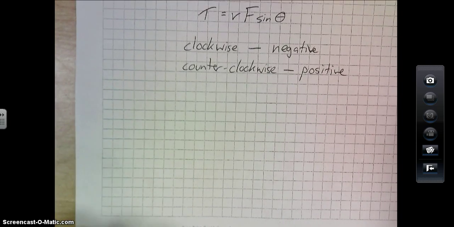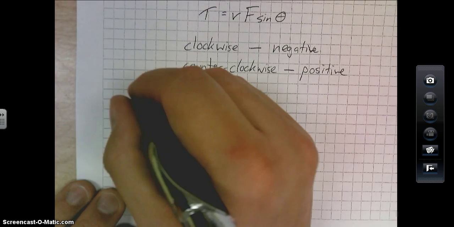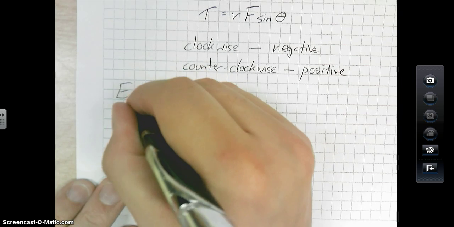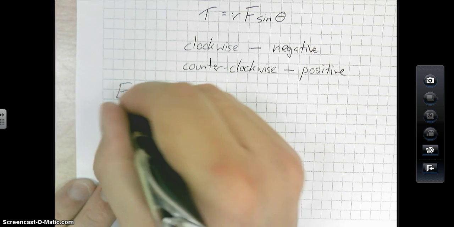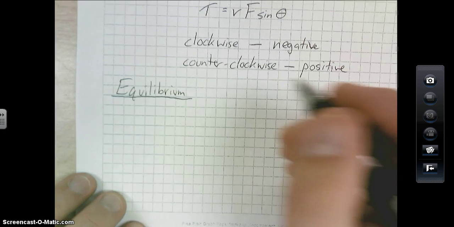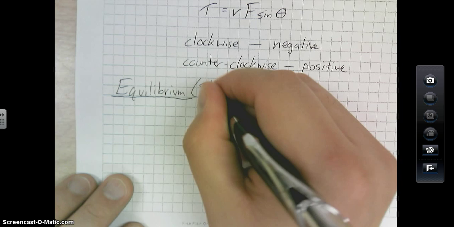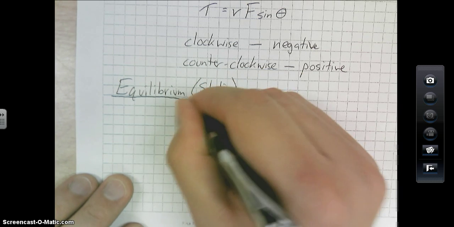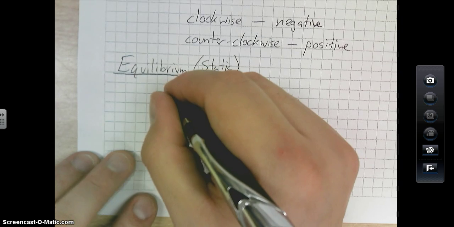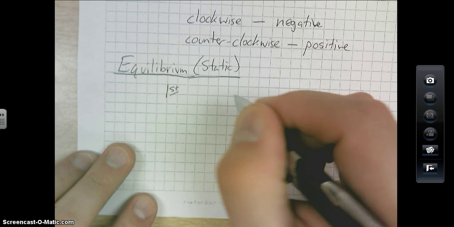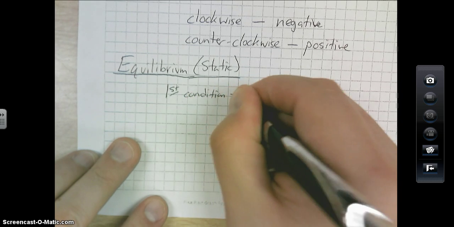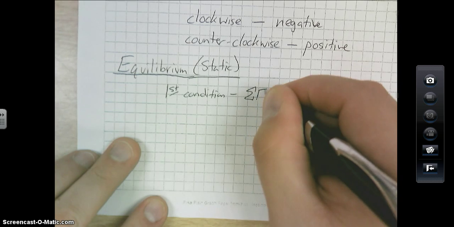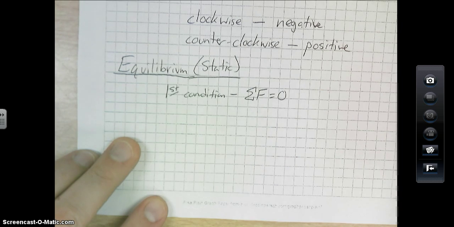We've talked about equilibrium in terms of forces, but now we can also talk about equilibrium in terms of torques. So there's a term, static equilibrium, that really has two conditions. The first condition for something to be at static equilibrium is that the sum of all the forces must equal 0.